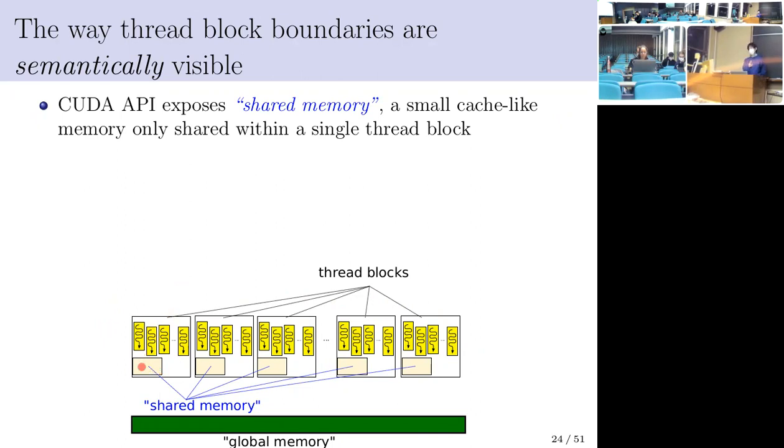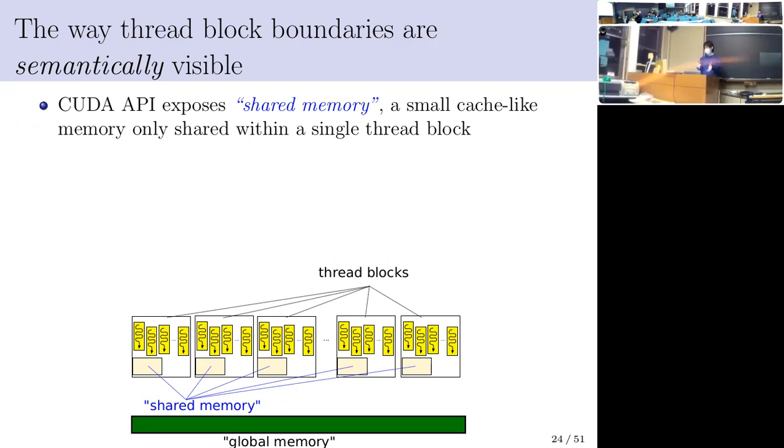So this is one way this thread block boundary is important from the programmer's perspective. Unless you put two threads in the same thread block, they cannot share data through shared memory. They can still share data through global memory, but it is slow compared to shared memory.